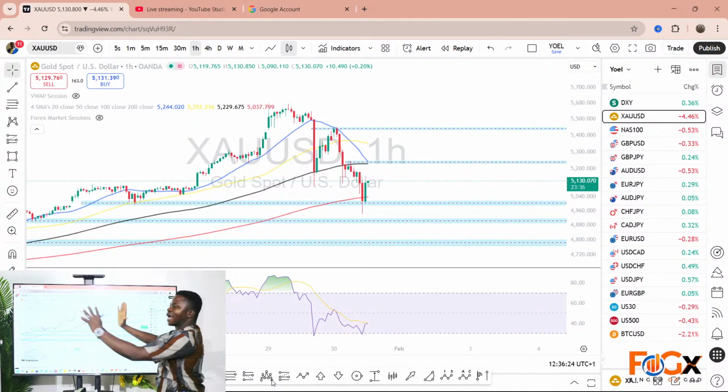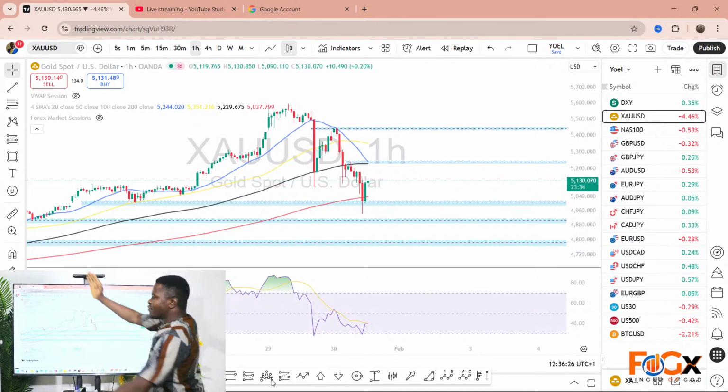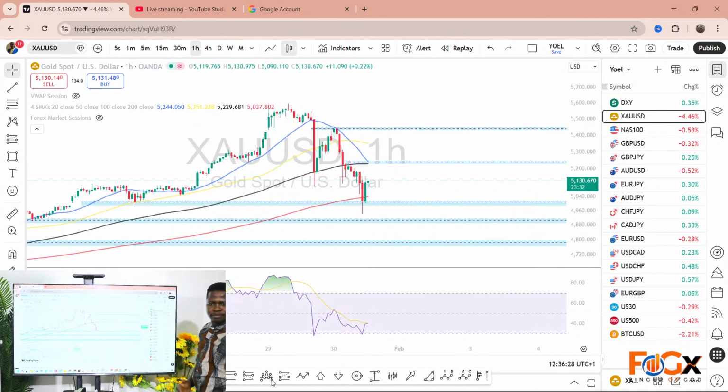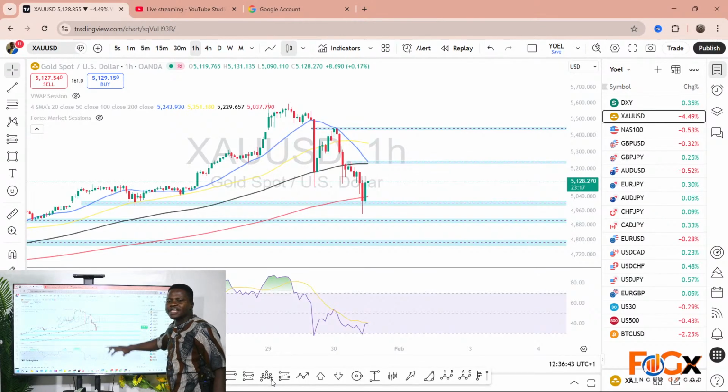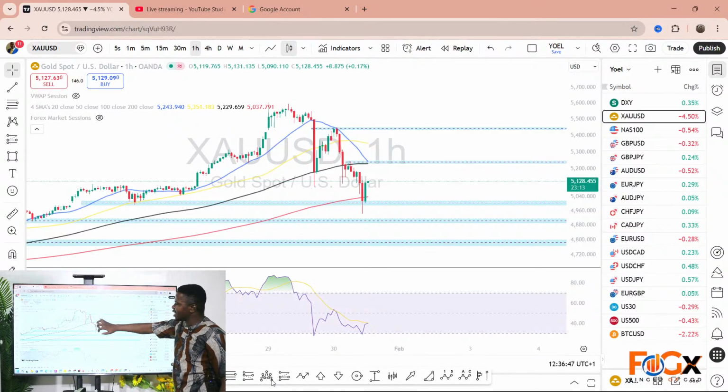So if I look at the two together, I have enough reason to buy. Even if it will sell later, I'm not thinking it will start selling from here. And it's not safer to start selling from here. If you are going to sell, let it get here or here.